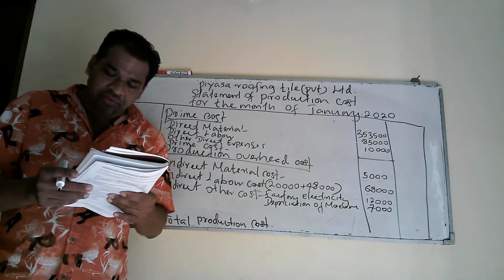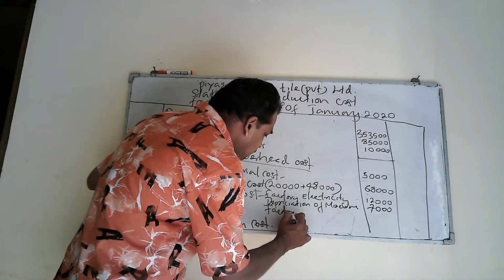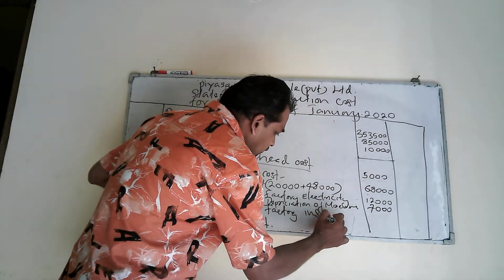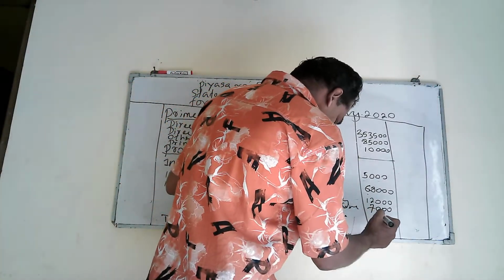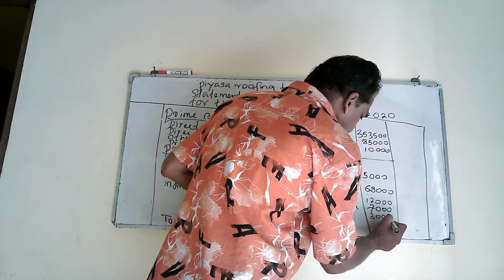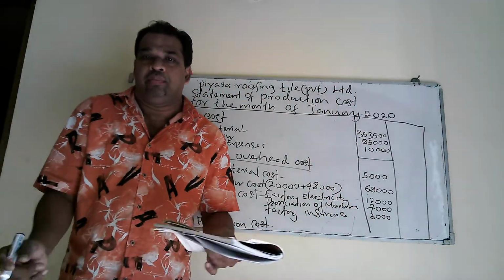Then factory insurance, 3,000. We can't measure insurance per unit.